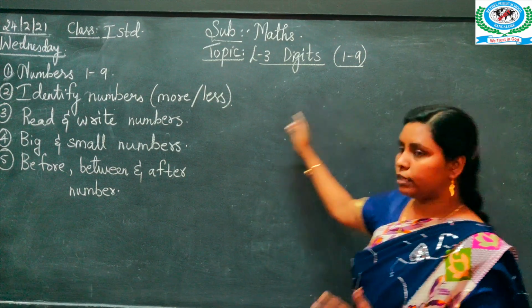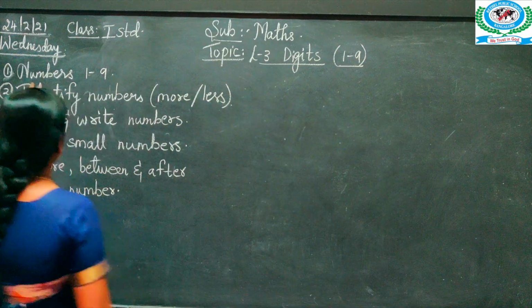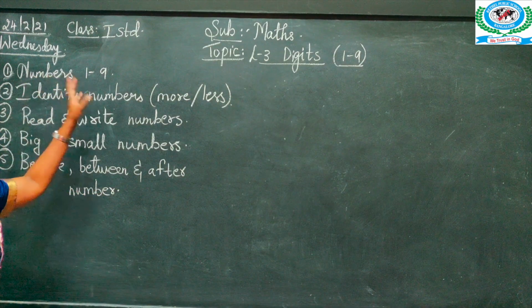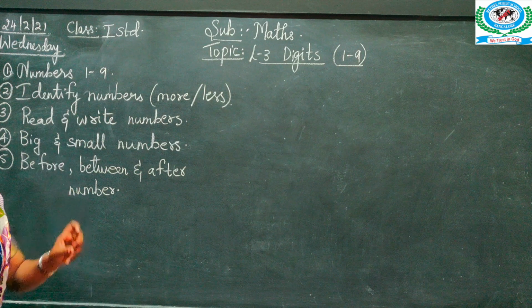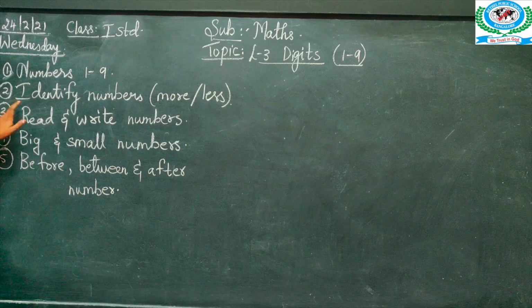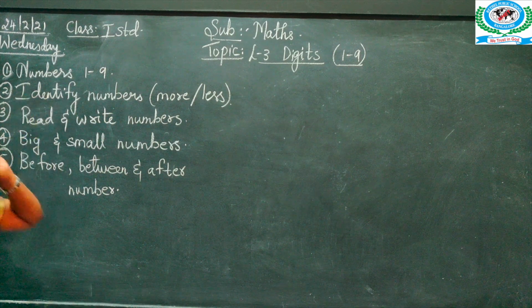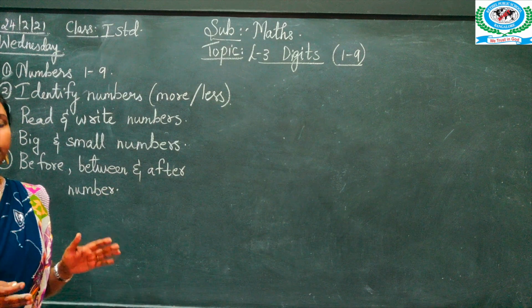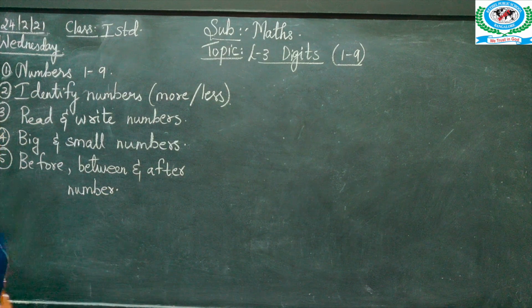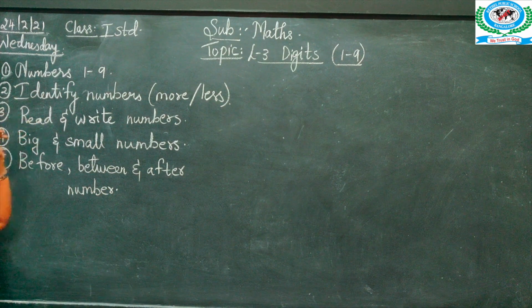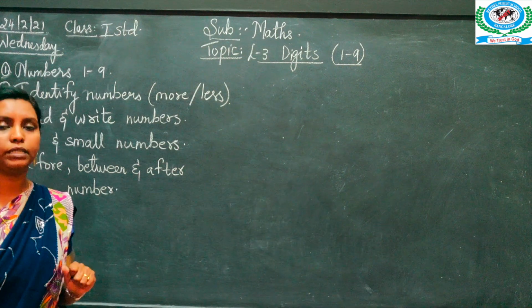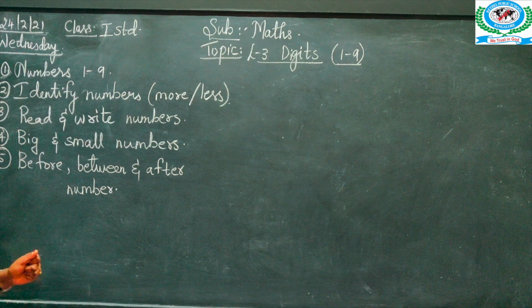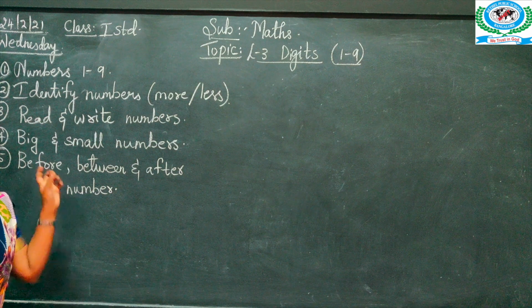So in this we have the subunits, that is the numbers from 1 to 9, counting the numbers, writing them, and the second unit we have identifying the numbers, the quantity which is more and which is less. The third subunit is reading and writing the numbers, the way of writing it.